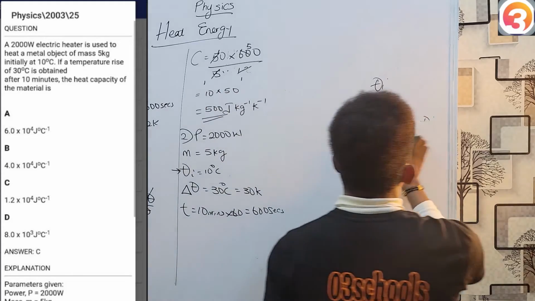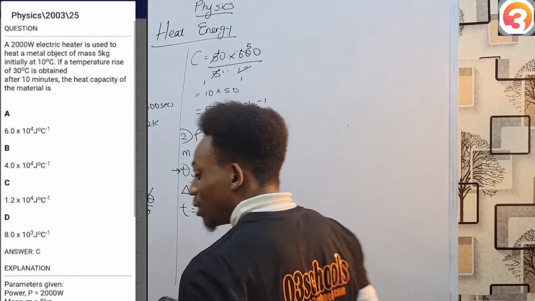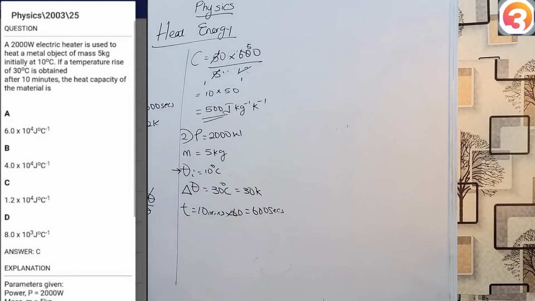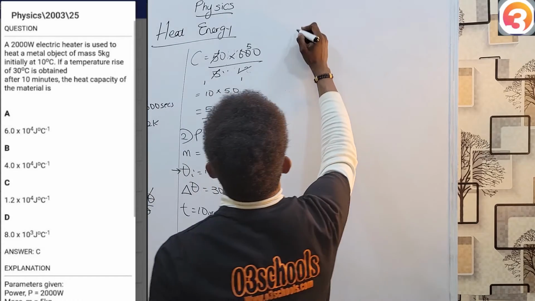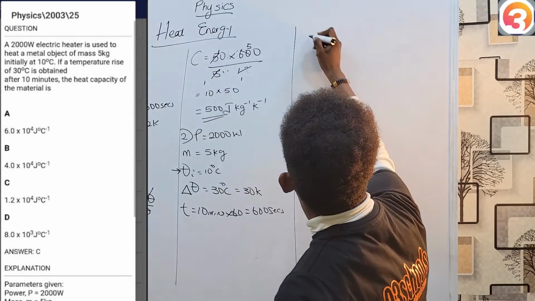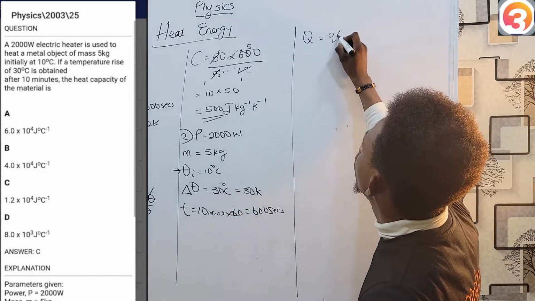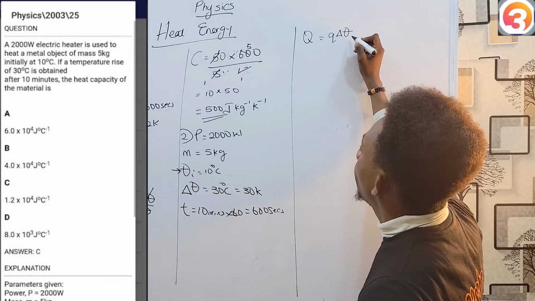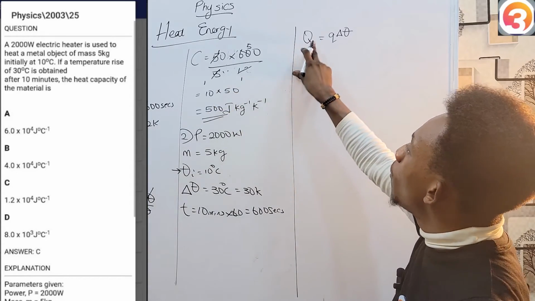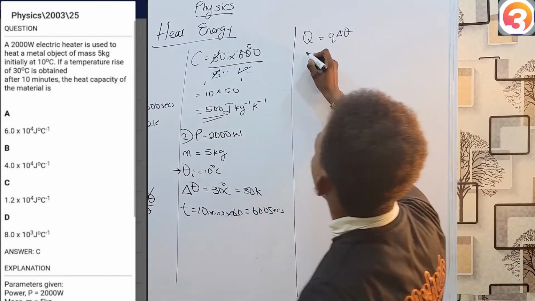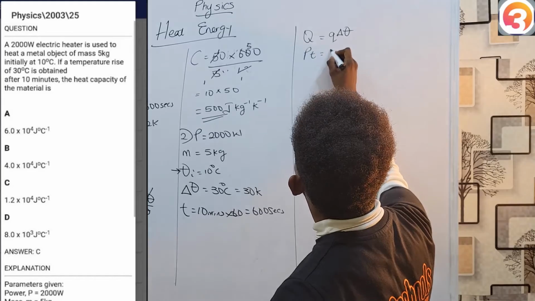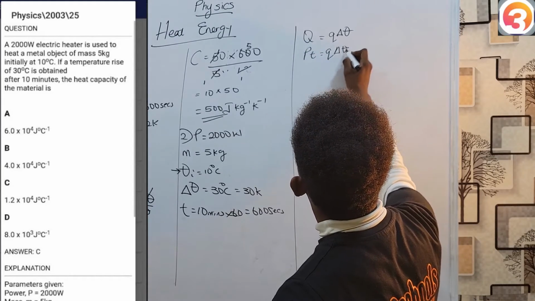Try to avoid making the mistake of looking for specific when they did not ask you to. And just like before, if I'm finding heat capacity, I assume that my heat Q equals heat capacity times change in theta. But again, just like before, my heat is coming from somewhere, which is power times time.